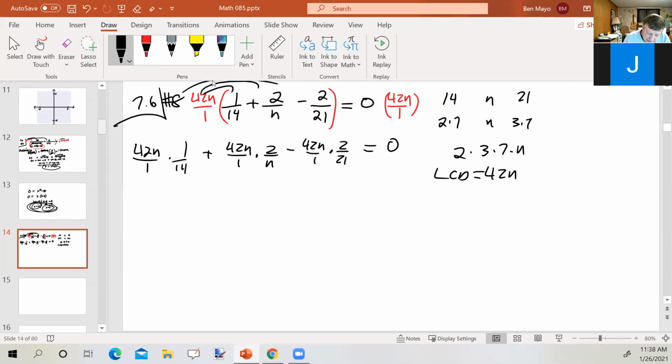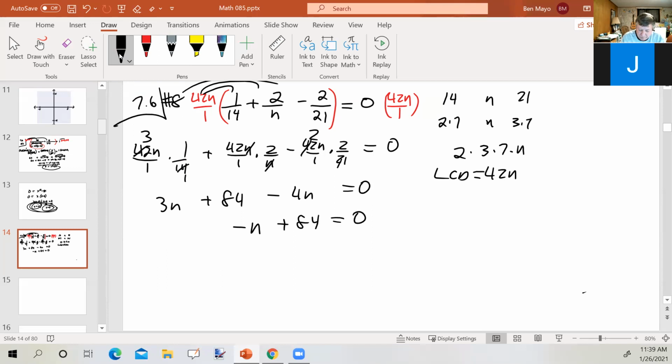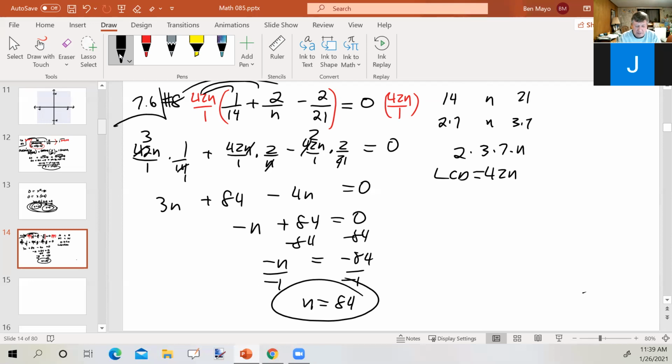Going through and reducing each product, 42 over 14 is 3 over 1, so we get 3n, plus the n's reduce out, 84, minus 42 over 21 is 2n times 2 is 4n equals 0. Combining like terms, we get negative n plus 84 equals 0. Subtracting 84 from both sides, we get negative n equals negative 84. Dividing both sides by negative 1, n equals positive 84.